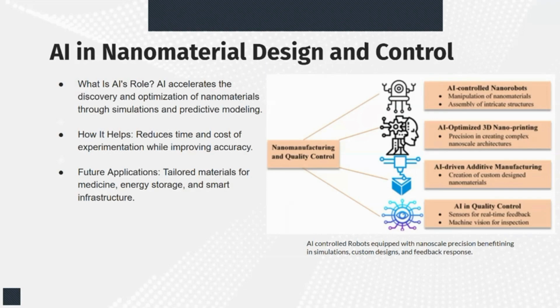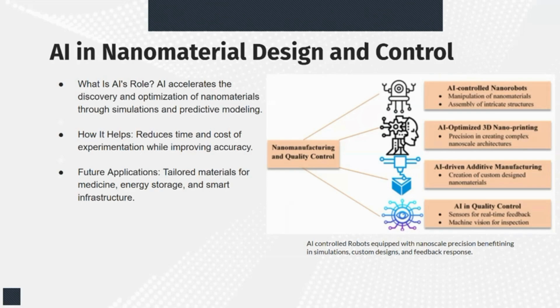By reducing the time and cost of experimentation while improving accuracy, AI enables us to tailor materials for specific applications, such as medicine, energy storage, and smart infrastructure. For example, AI-controlled robots with nanoscale precision are already being used to create custom designs and provide real-time feedback during manufacturing processes. This synergy between AI and nanotechnology is revolutionizing how we approach material science.